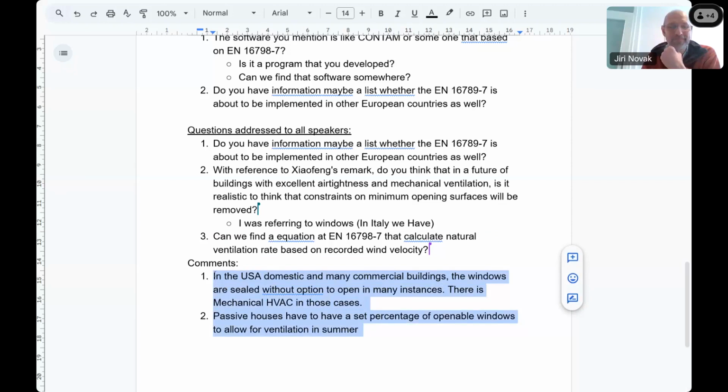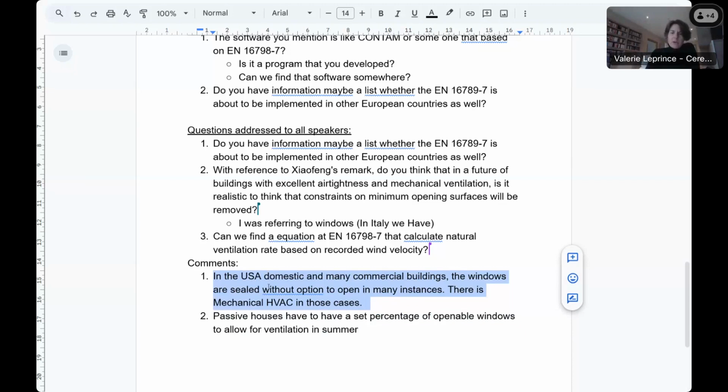So in the USA, in domestic and many commercial buildings, the windows are sealed without option to open. In many instances, there is mechanical HVAC in those cases. Yeah, also in commercial high-rise buildings it may be the case in some European countries. But I think the difference in Europe is that we've got very different regulation from one country to another.